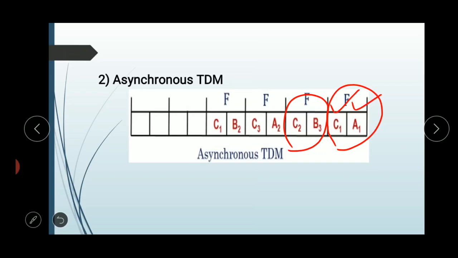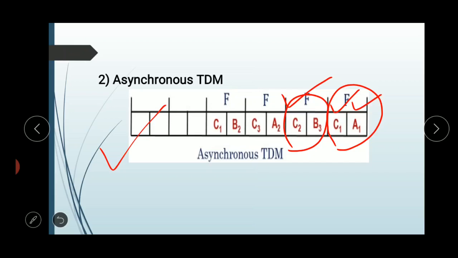There is no segment from source A. From this diagram we can observe that it allocates the time slot as per demand by the source. So this is the efficient method.